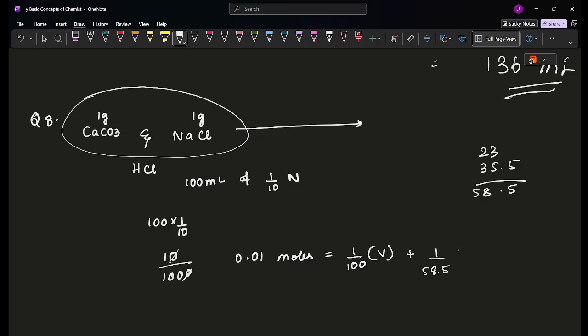58.5 into V minus, sorry, 100 minus, no, let's do it like this. Take it this way.